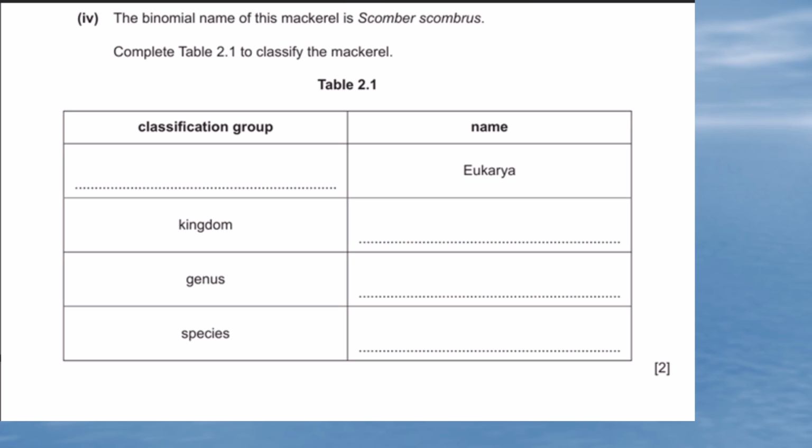So we are now asked to look here at classification. Up here we have domain. And since it's a mackerel, our kingdom is animals. And for genus and species, we are also lucky, we use a binomial name.